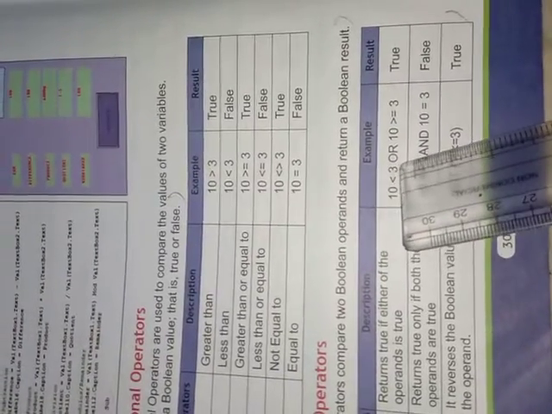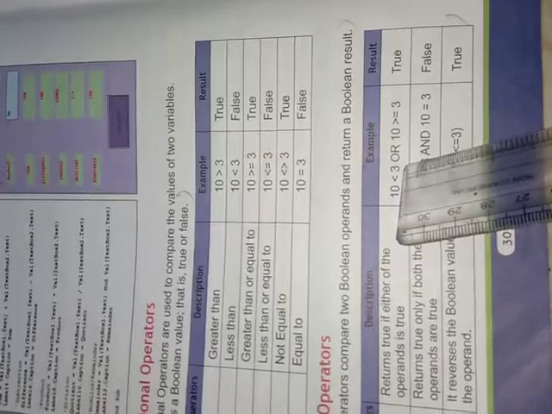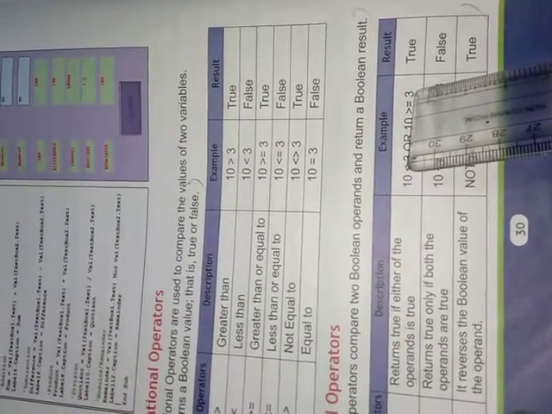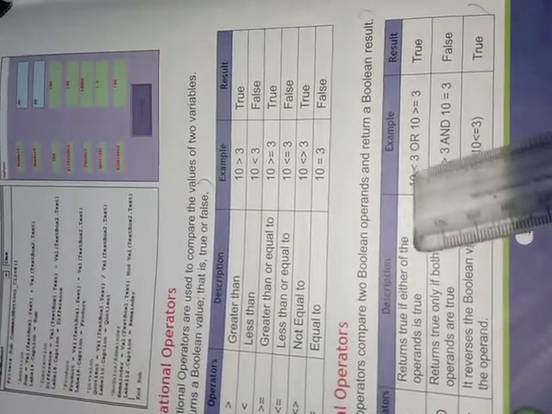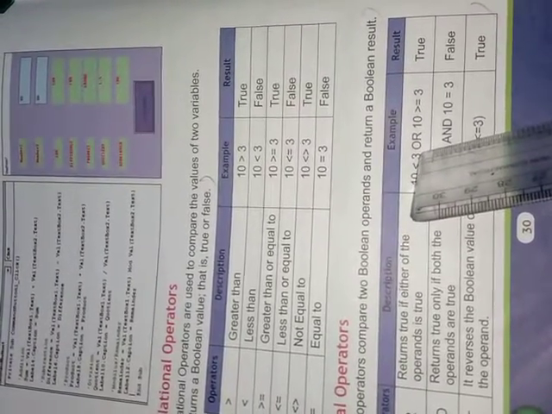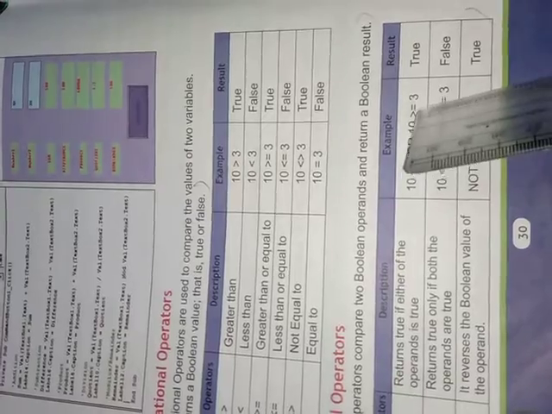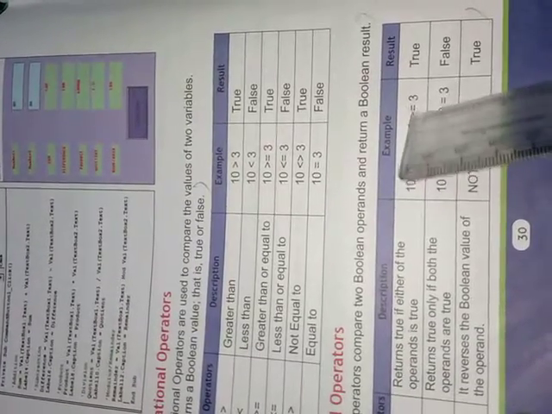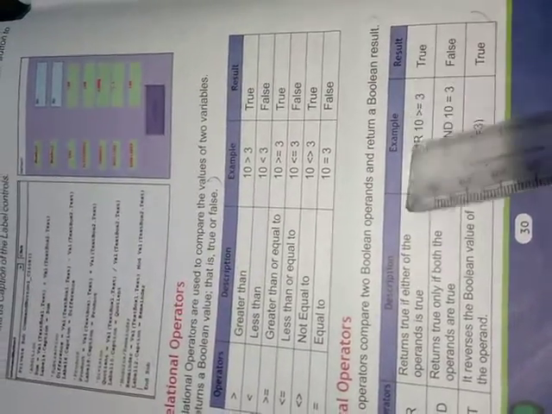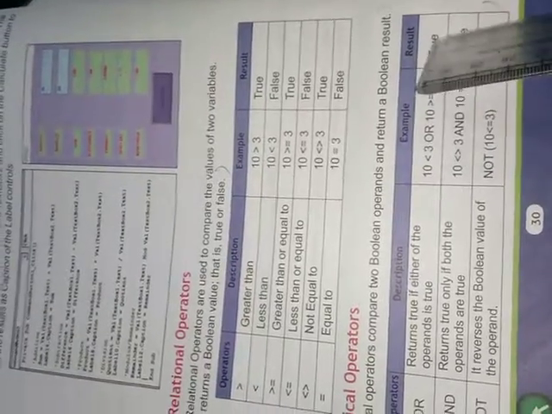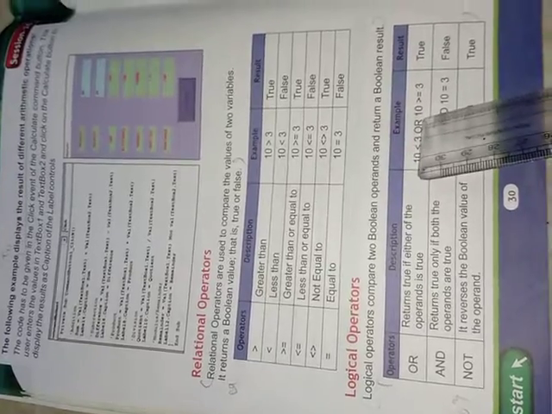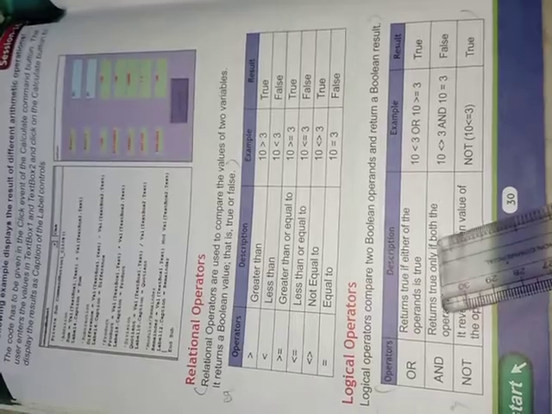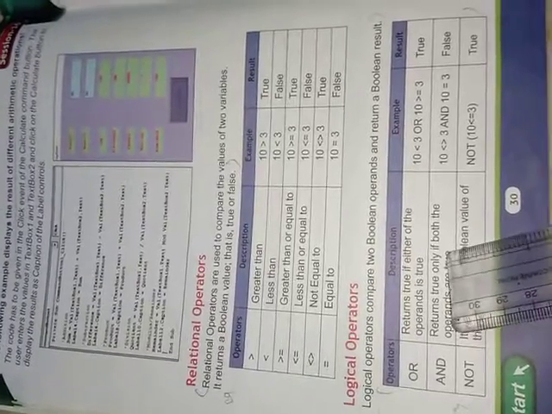At least one of operand 1 or operand 2 must be true, then it will result in true when it is an OR operator. 10 is less than 3, no, false. 10 greater than or equal to 3, yes, true. So it will result in true. At least one statement should be true, then it will result in true if it is an OR operator.